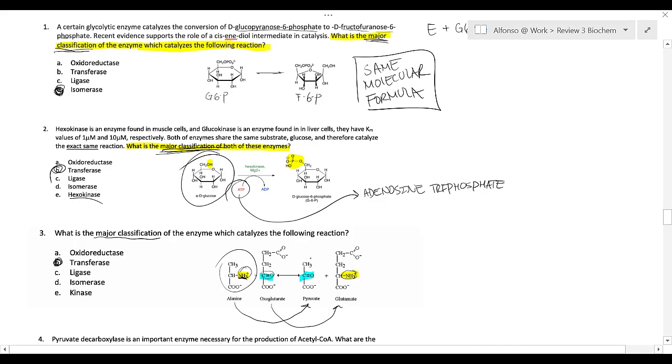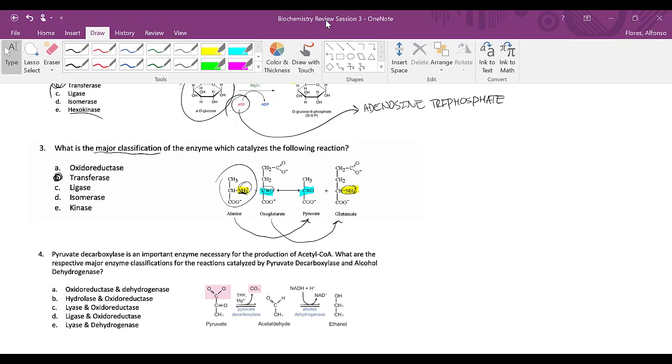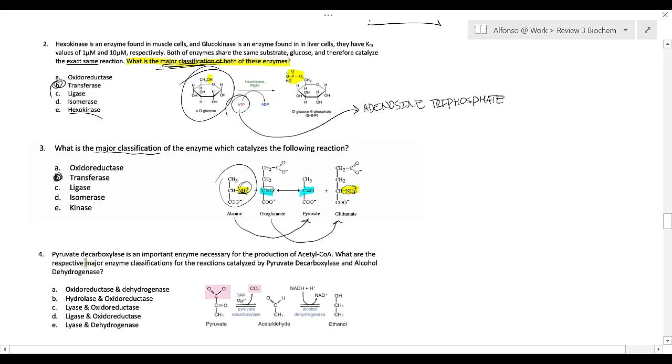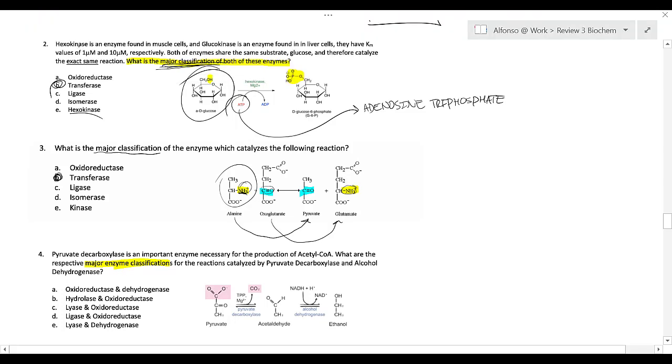All right, number 4. Pyruvate decarboxylase is an important enzyme necessary for the production of acetyl-CoA. What are the respective major enzyme classifications? Okay, look, major enzyme classifications. So what are the major enzyme classifications for the reactions catalyzed by pyruvate decarboxylase and alcohol dehydrogenase? So here's pyruvate decarboxylase, and here's pyruvate over here.